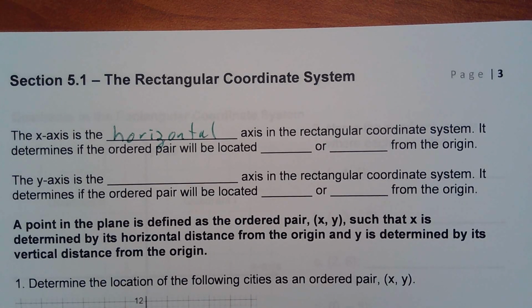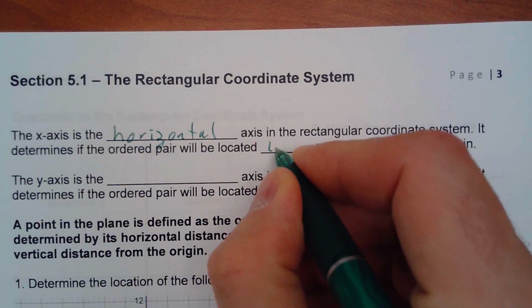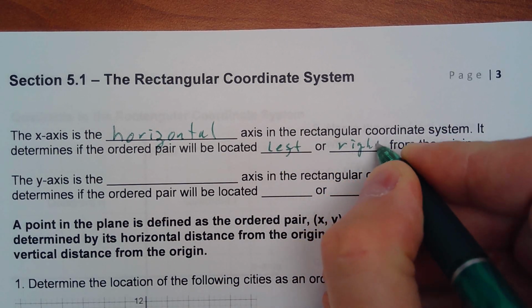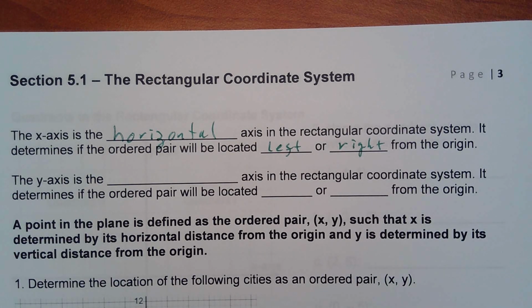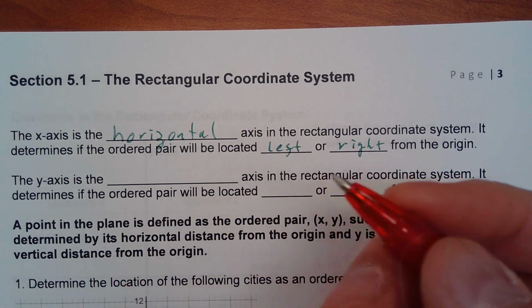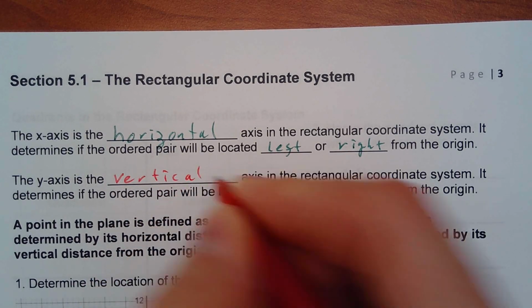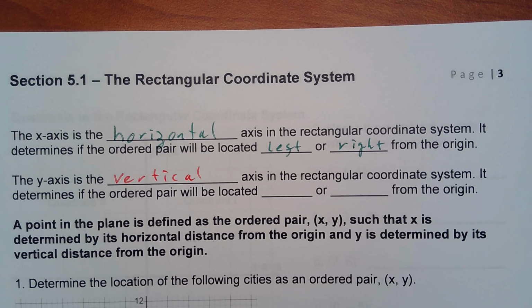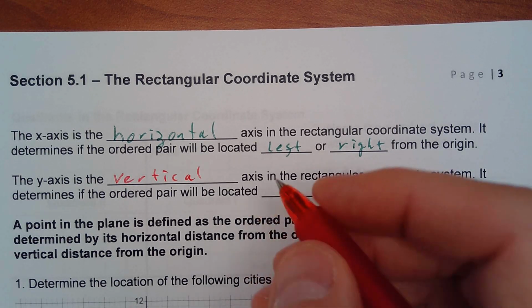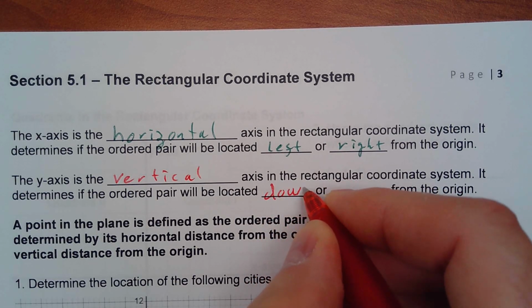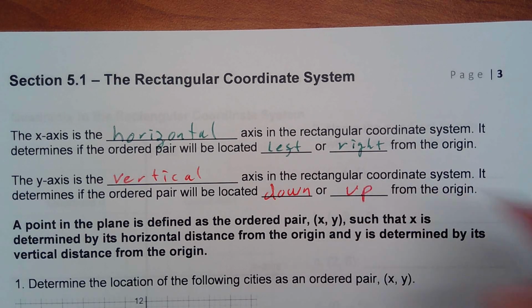It determines if the ordered pair will be located, we'd say, left or right from the origin. The y-axis then would be the vertical axis. In the rectangular coordinate system, it determines if the ordered pair will be located down or up from the origin.